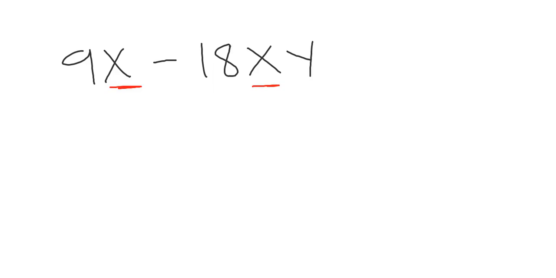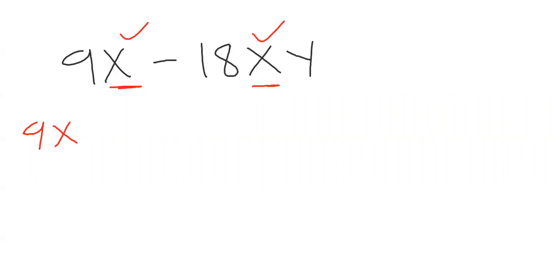Let's start off by looking for a factor of 9 and 18, a number that can divide 9 and a number that can divide 18 as well. That number is 9, so we put it here. Because we have the same variable in both terms, we take that variable outside the brackets. We have x here and x here, so we take the x outside the bracket.